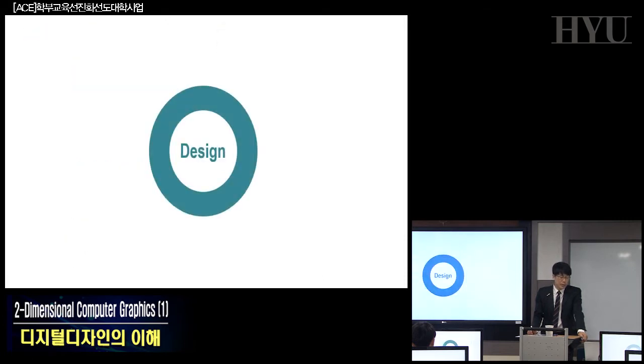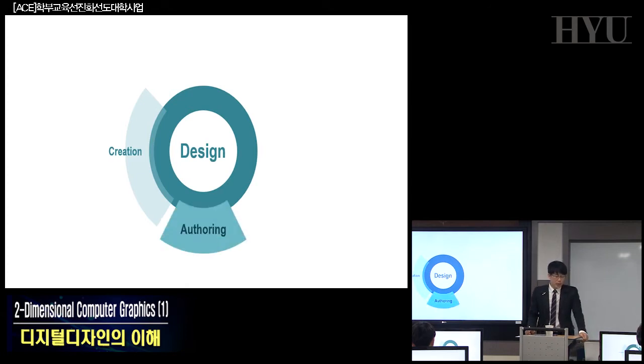So let me show you this diagram again. Our goal is anyway design. Human creativity area, creation is very essential, fundamental part of your designing process. To author your idea, your concept, what you created is design authoring process.